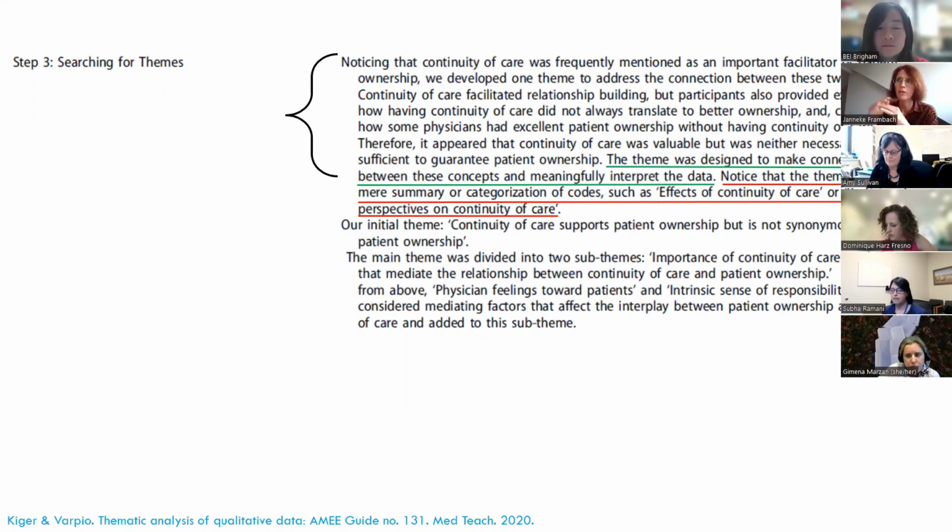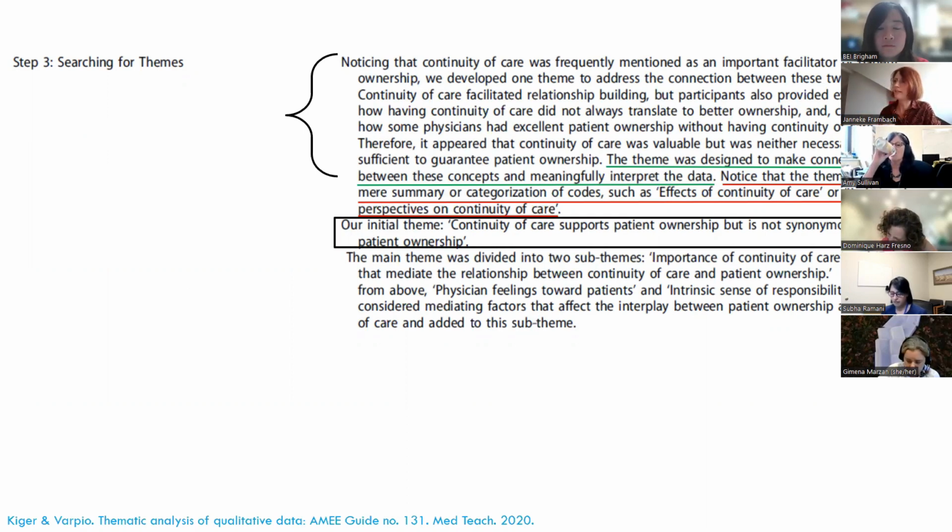They often present categories as a theme, but a category to me doesn't say a lot. A theme actually explains something. So here the theme that they came up with was continuity of care supports patient ownership, but is not synonymous with patient ownership. So do you see the difference between this theme and a category such as participant perspectives? Participant perspectives doesn't tell me which perspectives they have, for example.